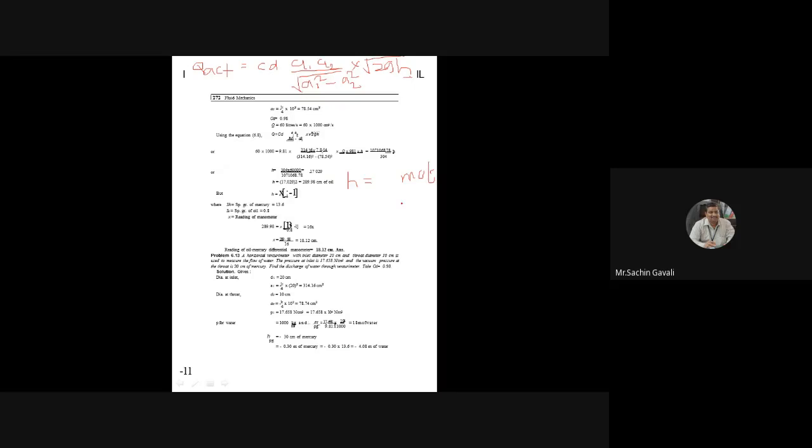In the book they have used the CGS system, but we will use our SI system. So meter of oil, this will be 289 centimeters, so 2.8998, about 2.90. The answer will come as 2.9 meter of oil.